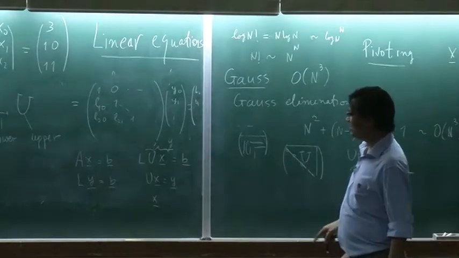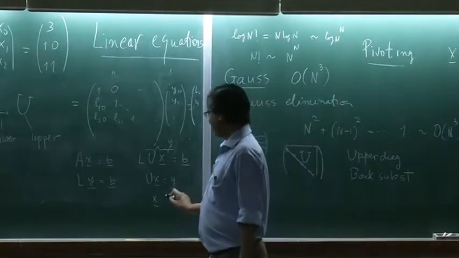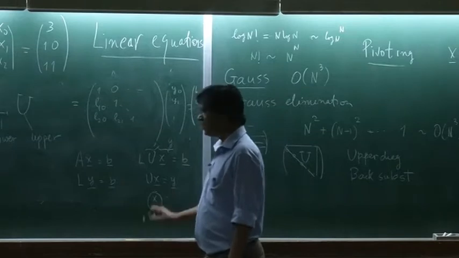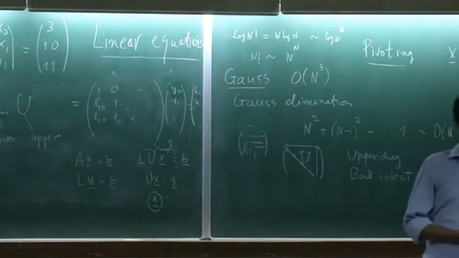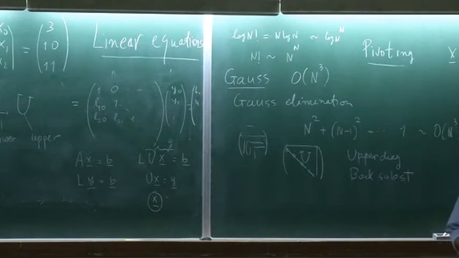If I do that, I get the answer X. So that is how we compute Ax equal to B using LU, in order n squared.